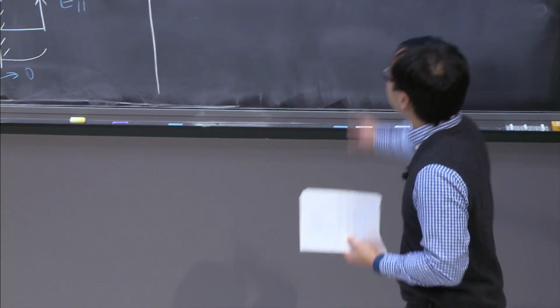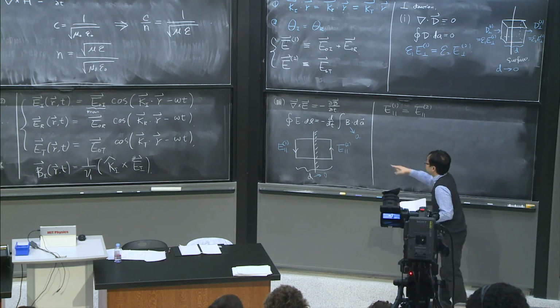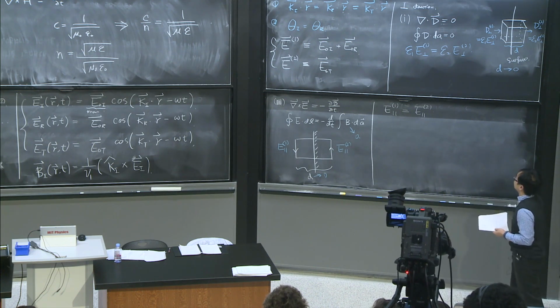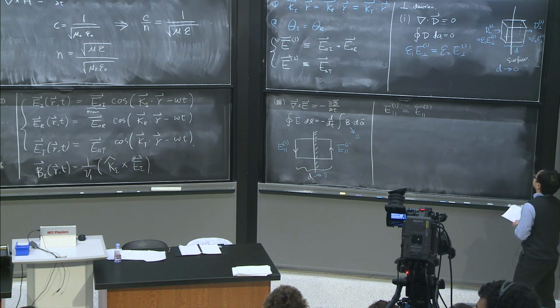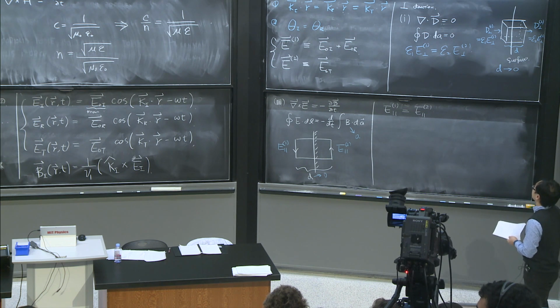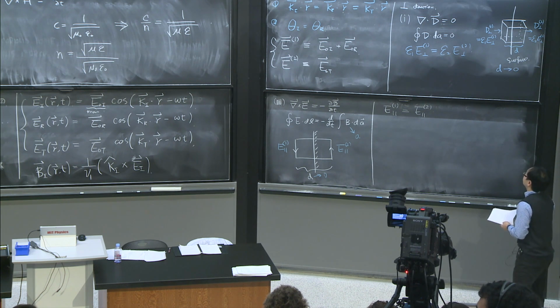Okay, so you can see that the second two boundary conditions, epsilon 1 E1 perpendicular will be equal to epsilon 2 E2 perpendicular.